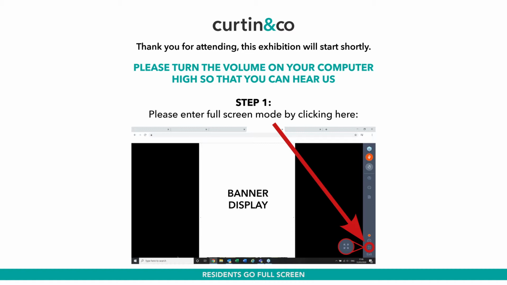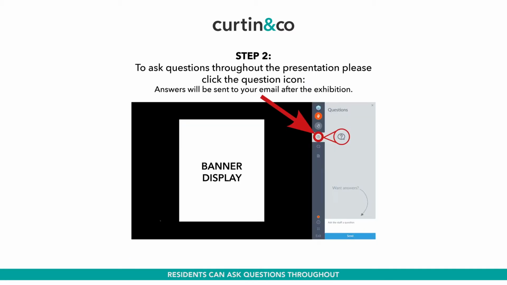As you see in front of you, this is the how-to guide, and this will help you navigate the software. Throughout the session, please use the questions box to ask us questions. We will not respond during the session, but we will respond at the very end.